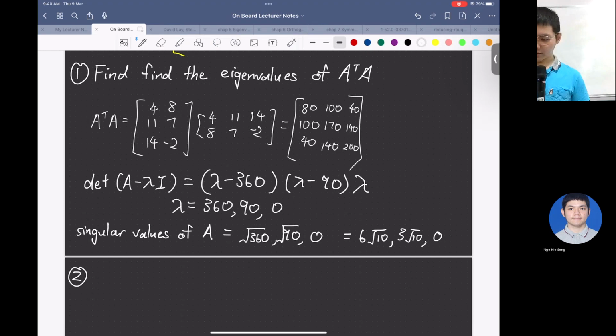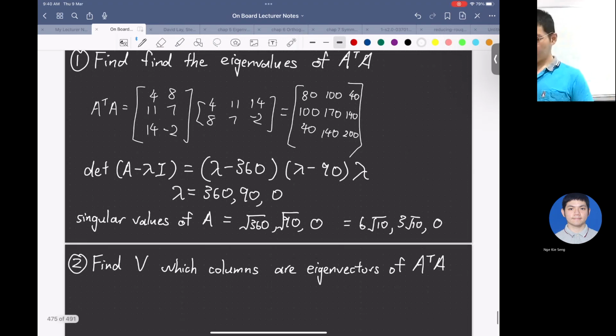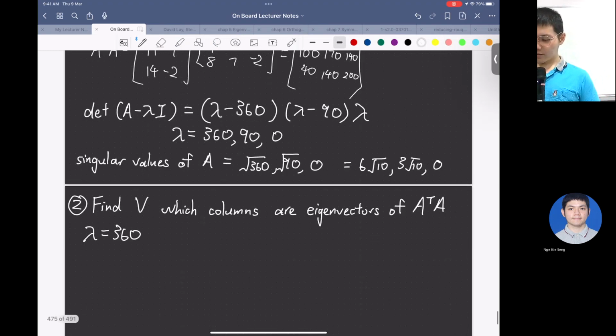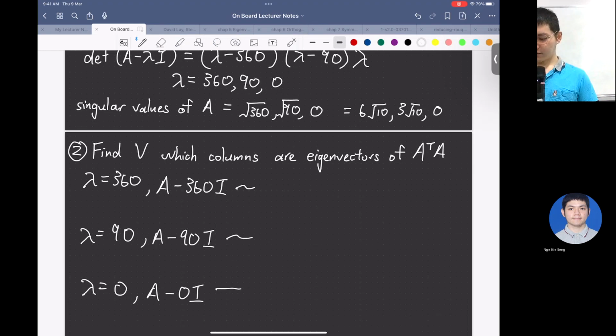Find V, whose columns are eigenvectors of A transpose A. How to find them? You need to take lambda equals 360, 90, and 0, and then compute A transpose A minus 360I, A transpose A minus 90I, A transpose A minus 0I, and then row reduce.